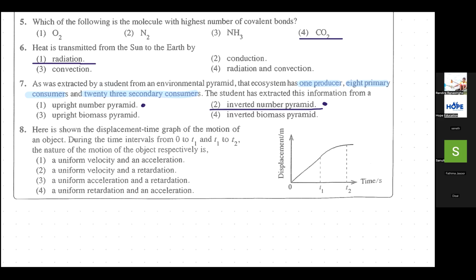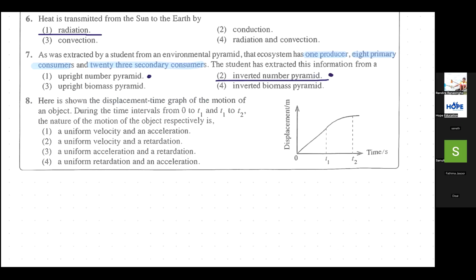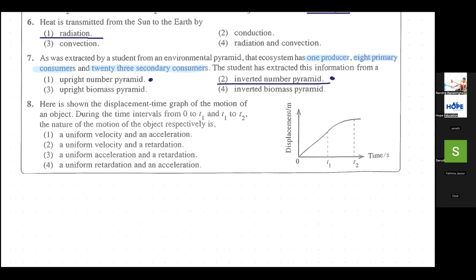Okay. Then the next one, we have a displacement time graph of the motion of an object. So here, 0 to t is this part. What happens here? What happens here?